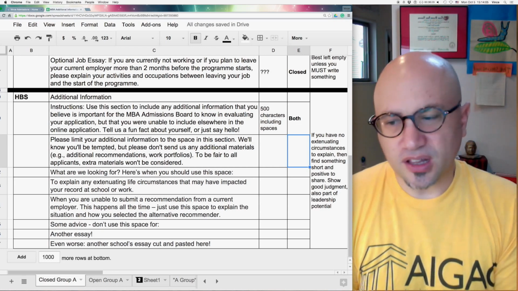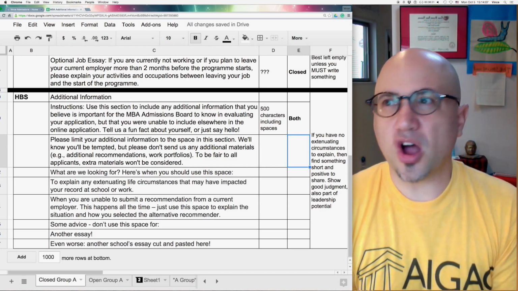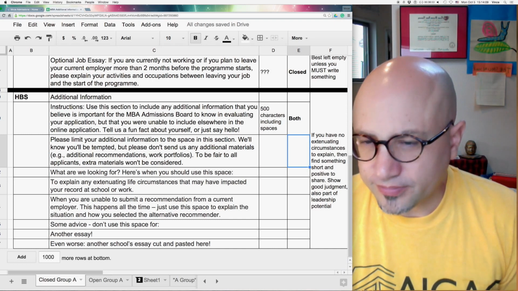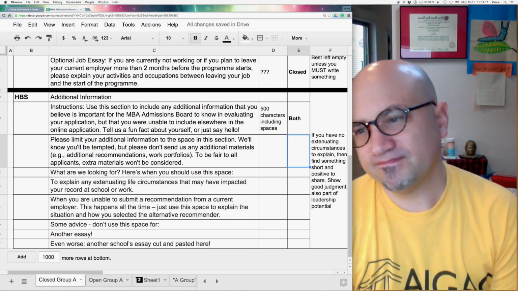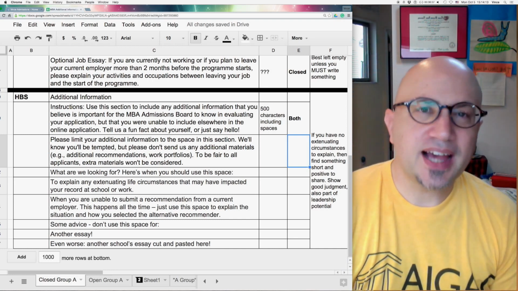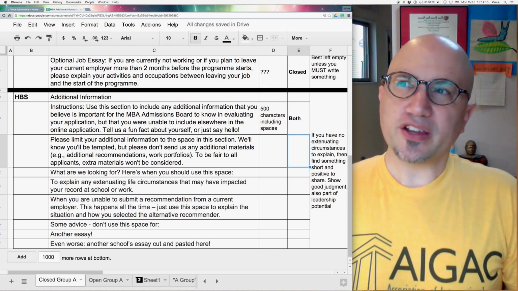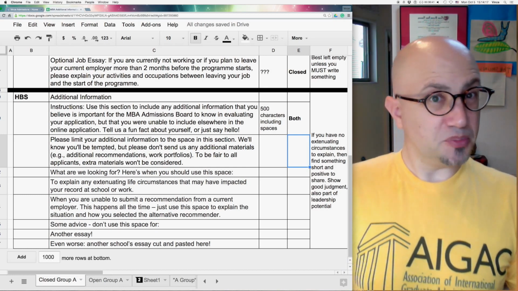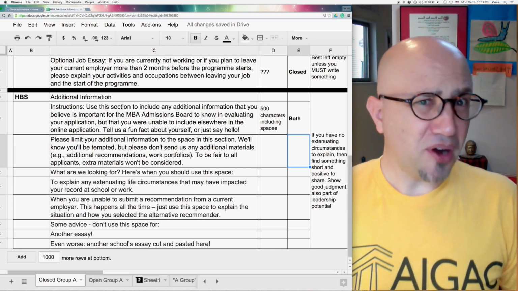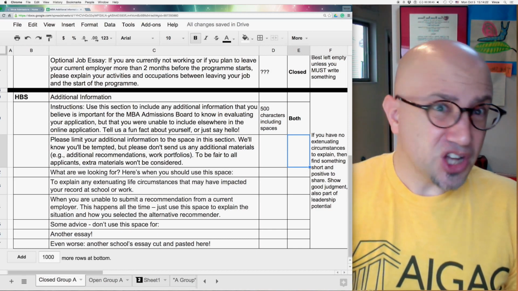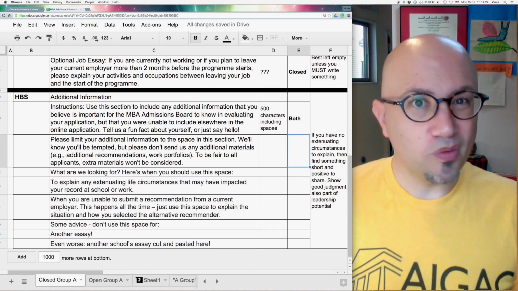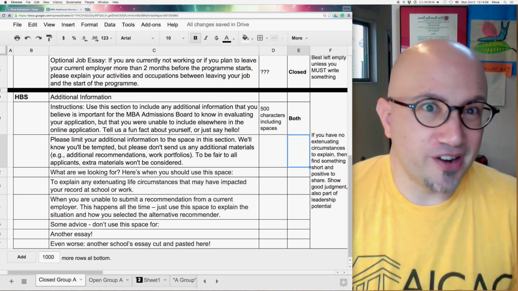For some reason, a lot of clients want to talk about why Harvard. Yeah, it's kind of like at the Harvard interview where sometimes they say, surprise me. Is it a surprise that you want to go to Harvard? It's Harvard. They assume the world wants to go to Harvard, whether or not it does.